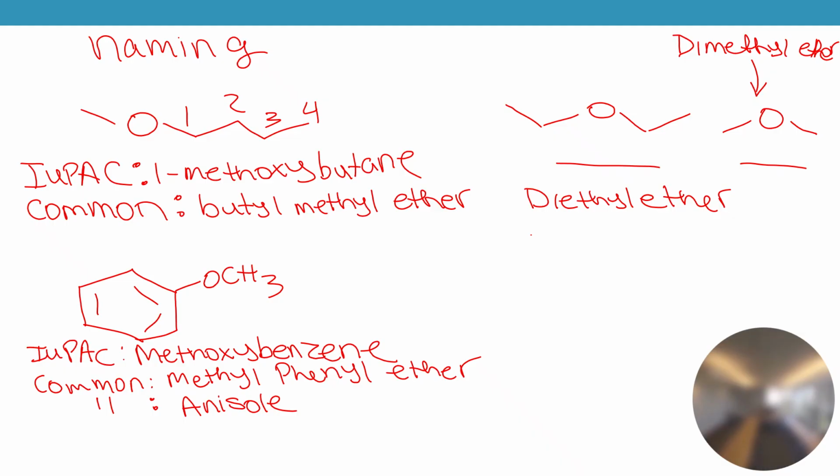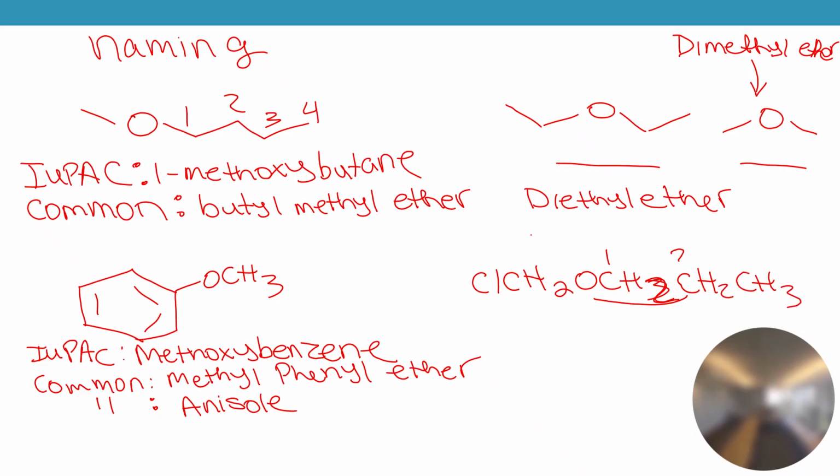Now what if we have an ether that has other substituents? We can still use common names and IUPAC names. So that is an ether and it has a chloro. We treat the halides just like we treat alkyls when naming them. So this is a chloromethoxymethane. The longest chain is a methane. If it was 2, it would be ethane. If it was 3, it would be propane. And then we would have to indicate what carbon this would be on. So actually, let's go ahead and do a propane here: CH2, CH2, CH3.